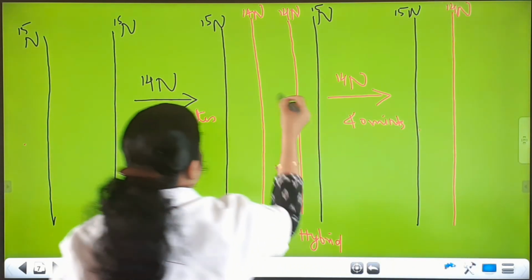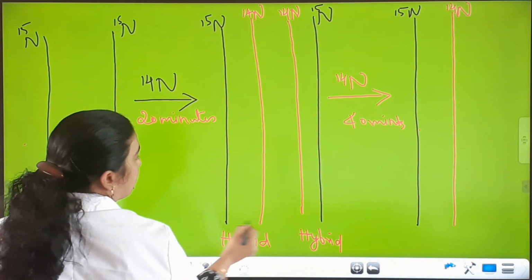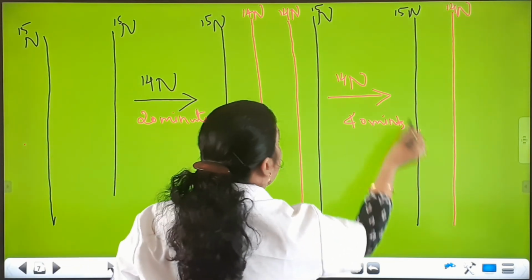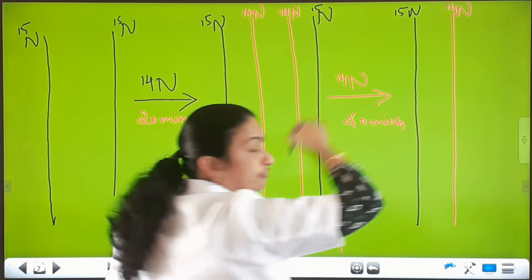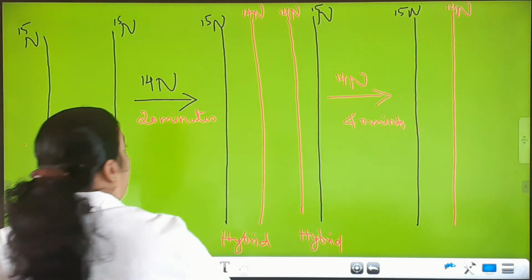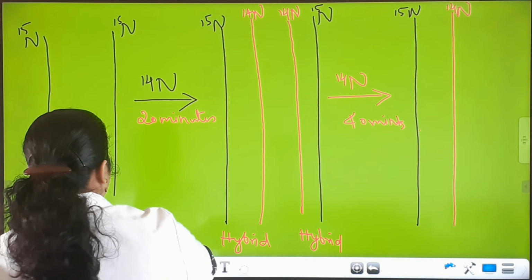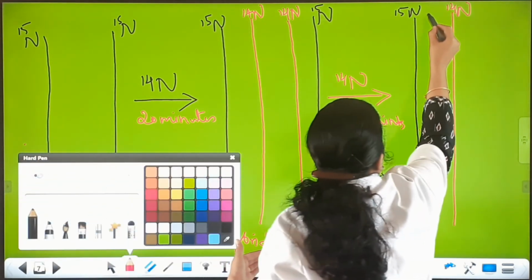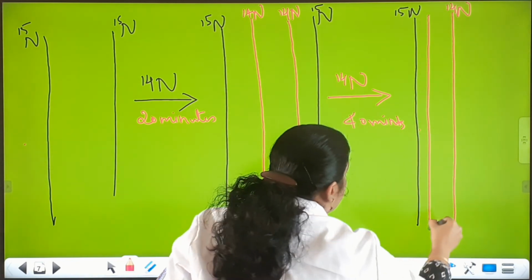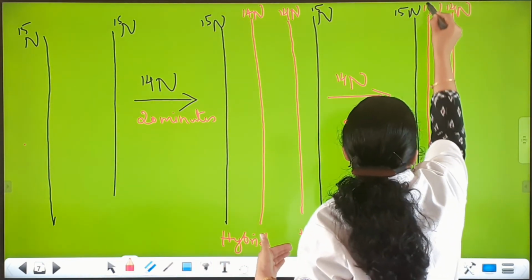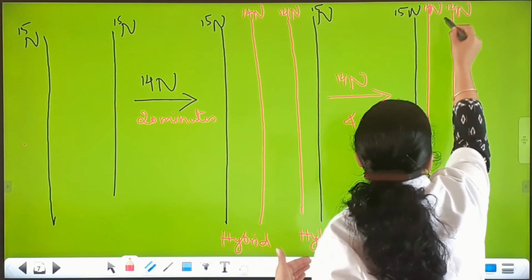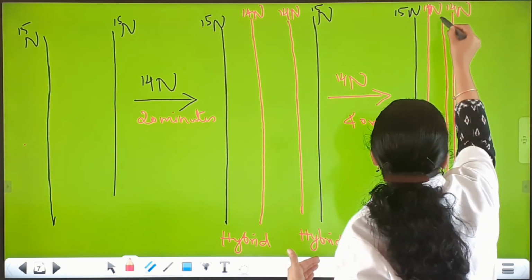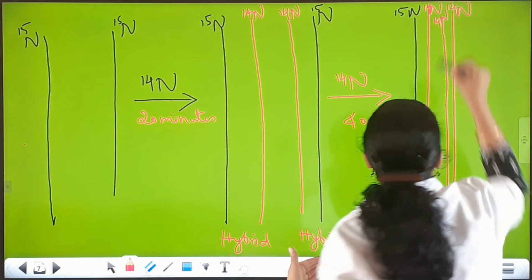So we are considering this strand first. They get separated like this. Then this strand is going to form a new strand, and that strand will incorporate N14. And this strand also forms a new strand which also incorporates N14.